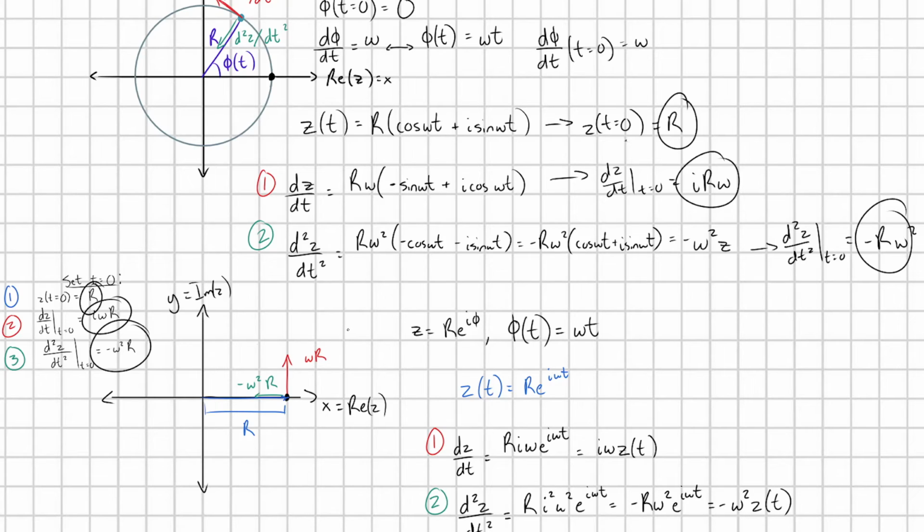It's almost as though this particle, which has a velocity at t equals 0 that's tangent to a circle, is looping around this circle.